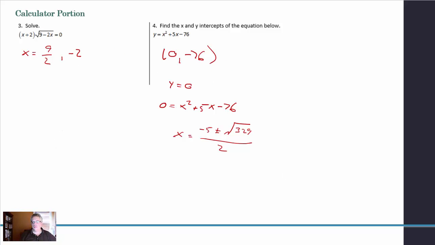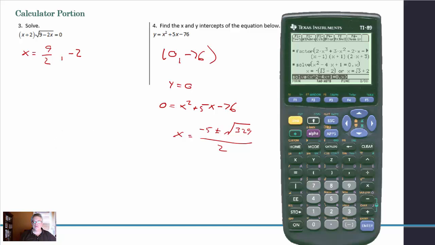Okay, we're still in the calculator section. Let me press clear here. It says solve this. Well, we can't do it just the same way I did the last one. So we're going to use the solve command. I'm going to press F2 and then 1, solve. Now I have to be careful. I need another parentheses here.